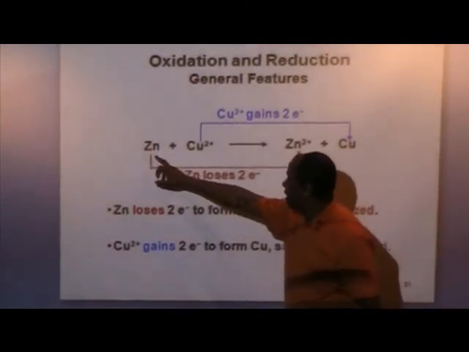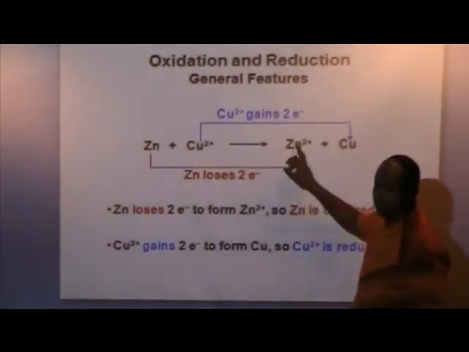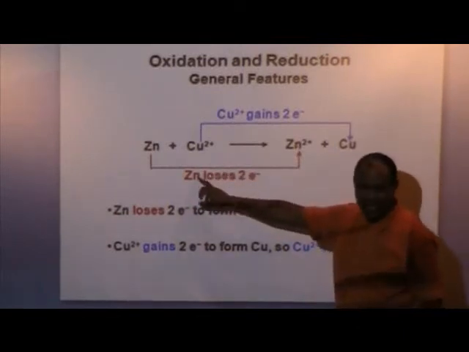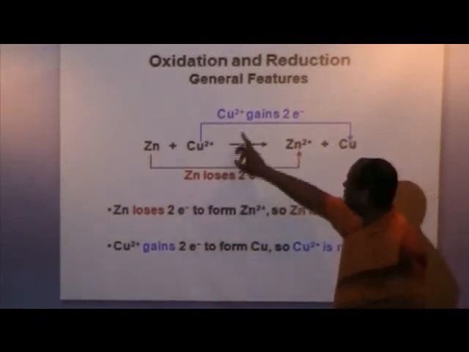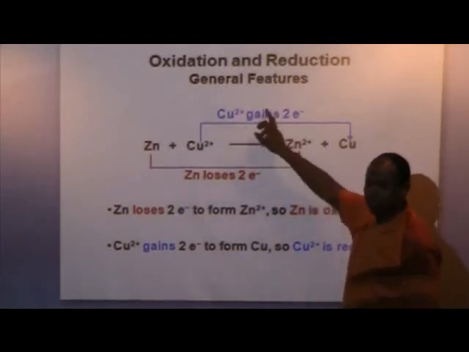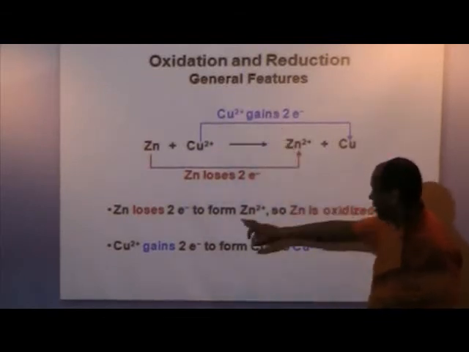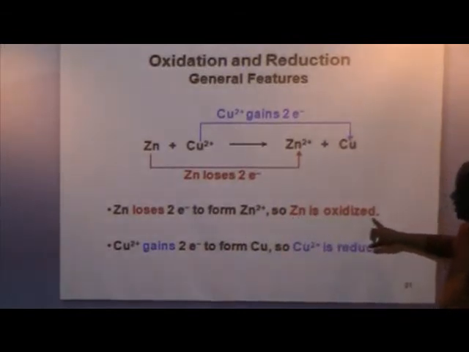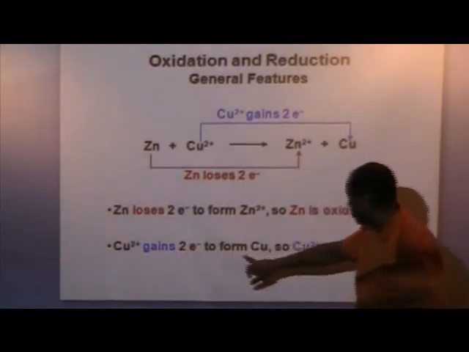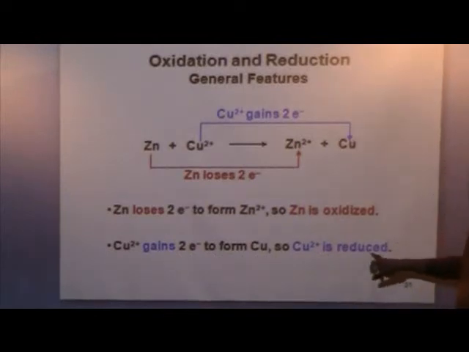Zinc loses 2 electrons, it becomes zinc plus 2. So zinc is oxidized. Copper is reduced because copper gains electrons.